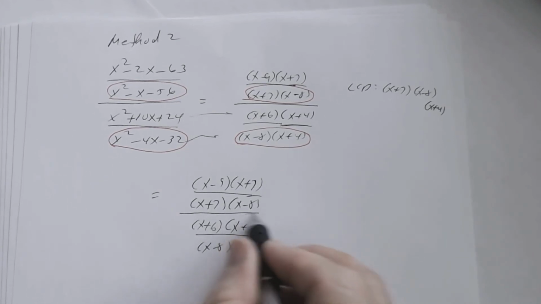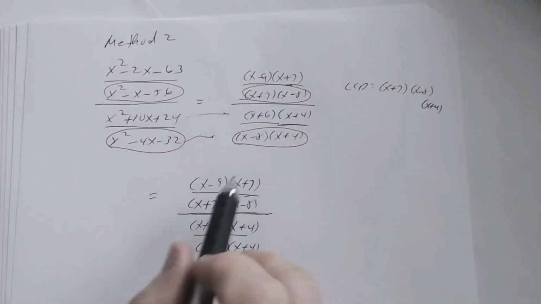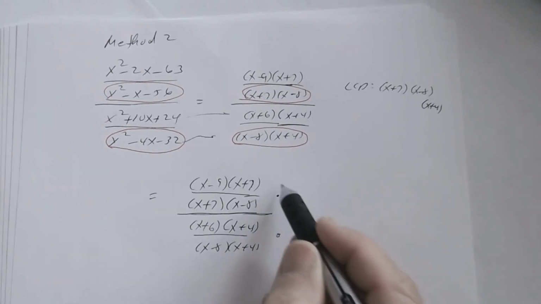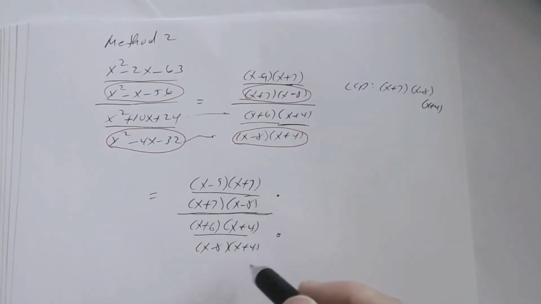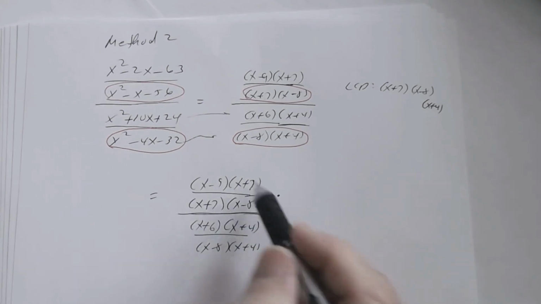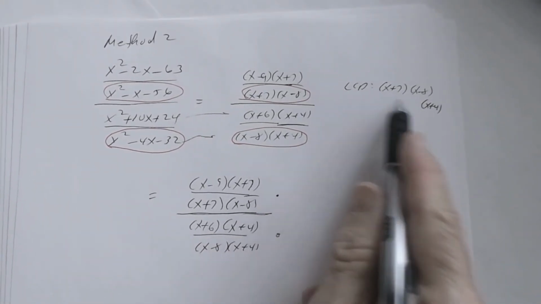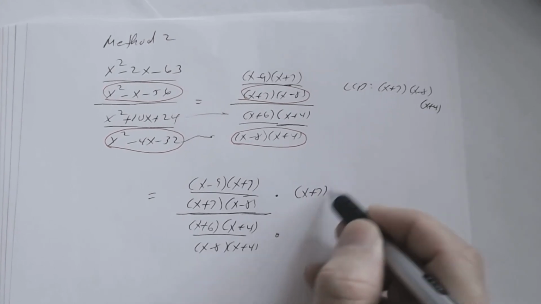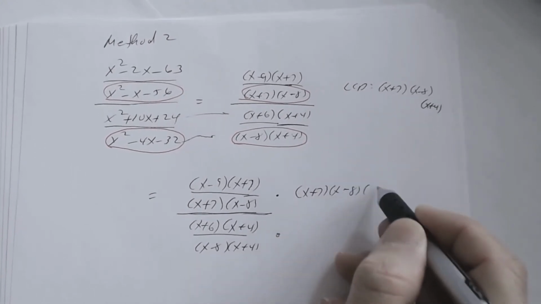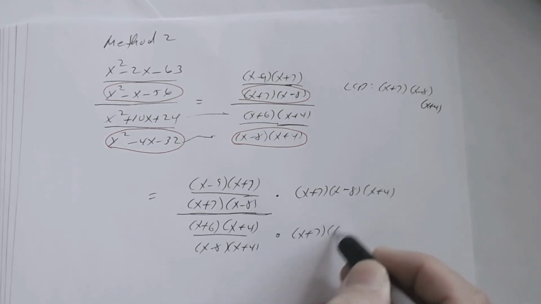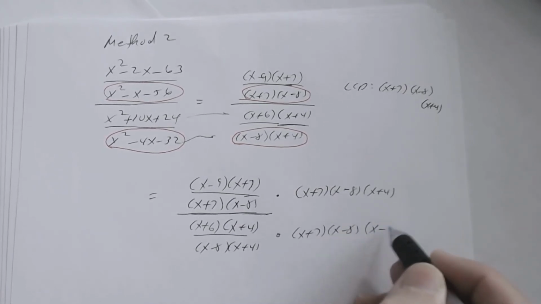All I did was rewrite this problem. Now I'm going to multiply the numerator and the denominator. I'm not going to put parentheses here because that's just one fraction. So it's times the product of these 3 factors: (x plus 7)(x minus 8)(x plus 4), times (x plus 7)(x minus 8)(x plus 4).